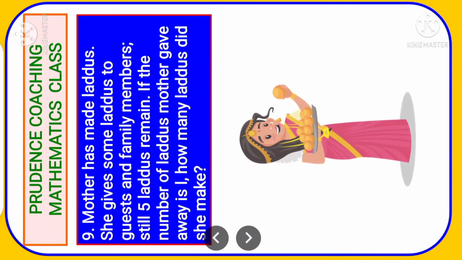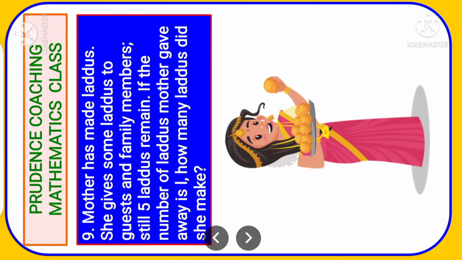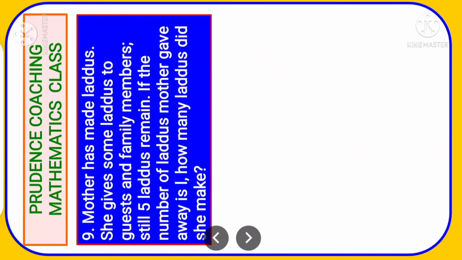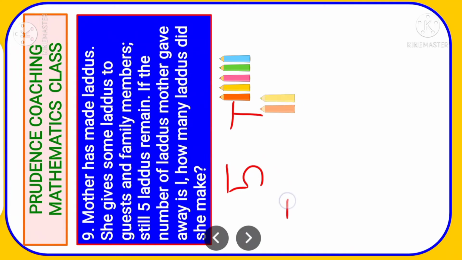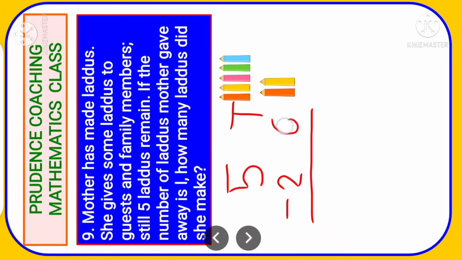Let us understand this sum with the help of an example. For example, you just assume that you had 5 pencils with you. Okay, so this is the total number of pencils that was with you. So from these 5 pencils, you have given 2 pencils to your small brother or the younger brother. So this one is given away.